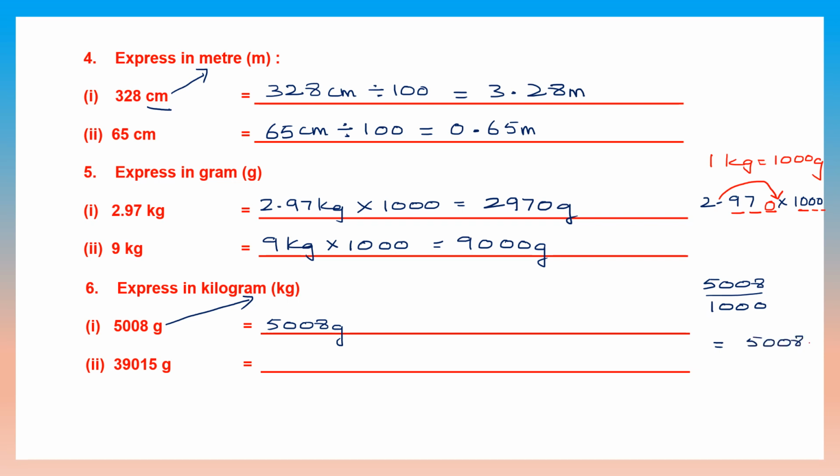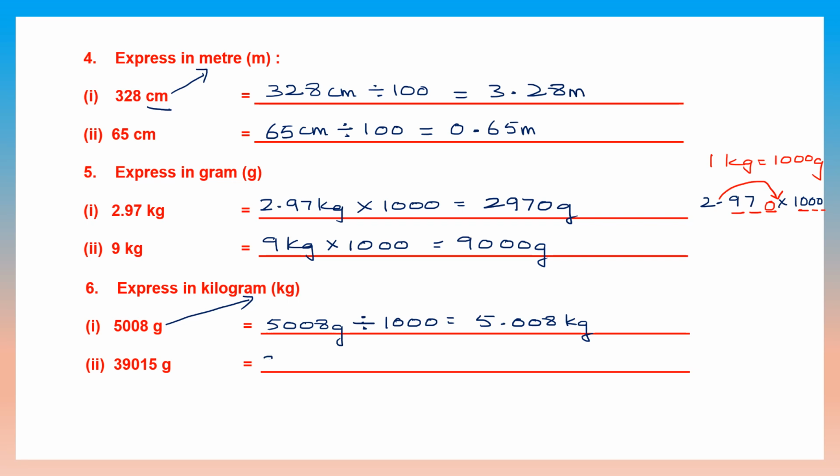The point is after the number. Now look at the denominator. 1, 2, 3. The point should move 3 places to the left. So 1, 2, 3, and the point comes here. So we have 5.008, and the unit is kilograms.